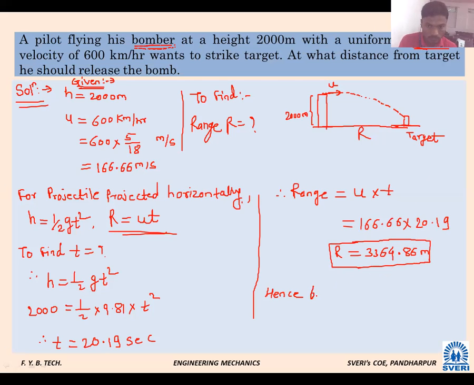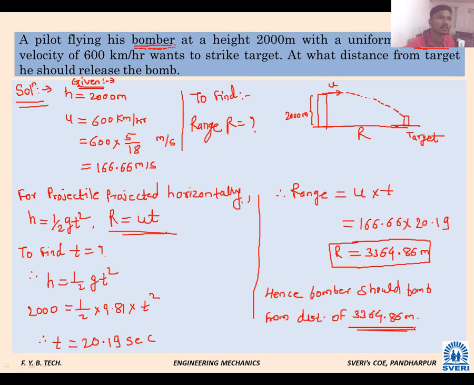Hence, bomber should release bomb from distance of किती येत आहे? 3364 म्हणजे 3 किलोमीटर पासून का? 0.86 मीटर. बरोबर आहे ना? Yes, sir. Any problem? Simple one, nothing else.